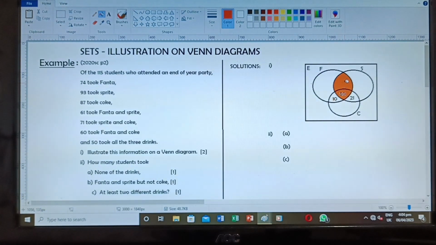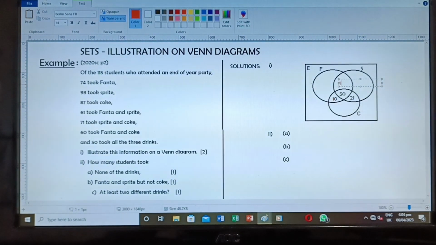So the difference we shall put it here. If we say 61 minus 50, what we are going to get is an 11. So our 11, we need to put it here.